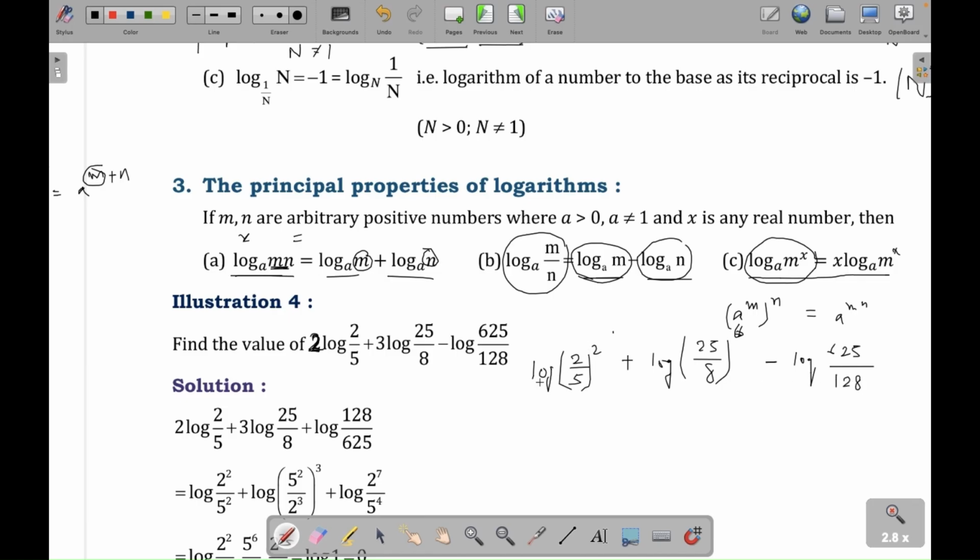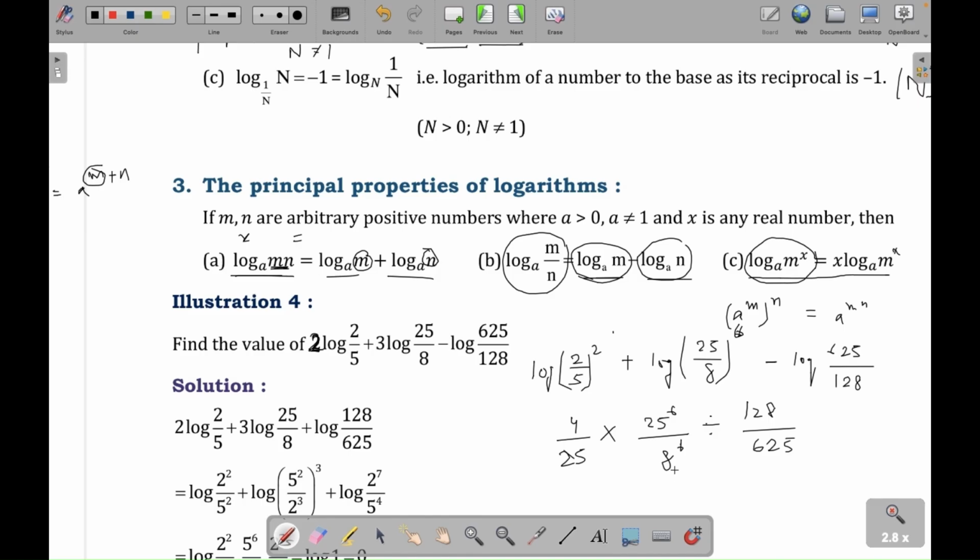Now we can solve. So these two powers will be multiplied and then this will be divided. So 4 upon 25 multiplied by 25 to the power 6 upon 8 to the power 6, and then this is divided by 128 upon 625.